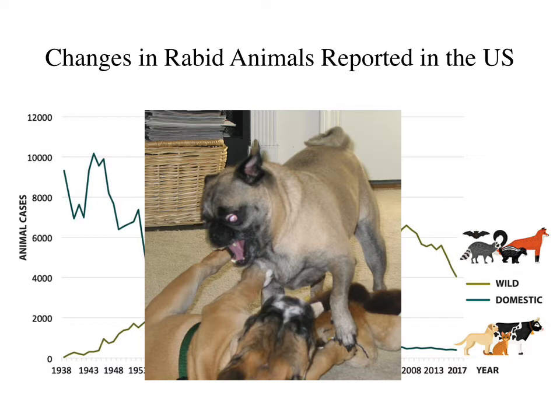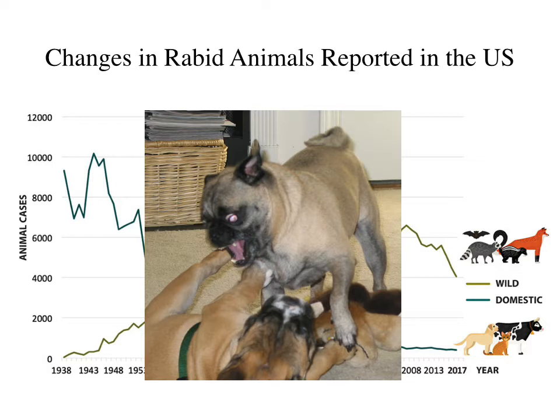But at any rate, we've seen a major shift in the pattern of rabid animals in the U.S., and this started occurring in the 1950s. And it's directly attributable to the development of effective vaccines for dogs and cats.